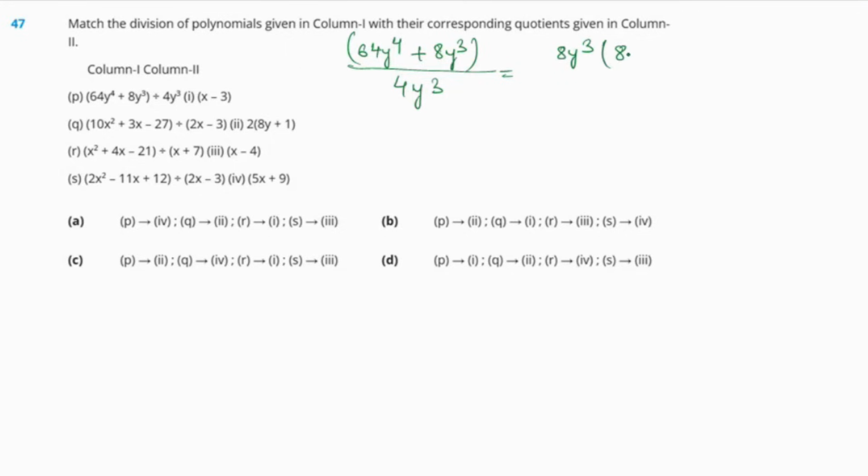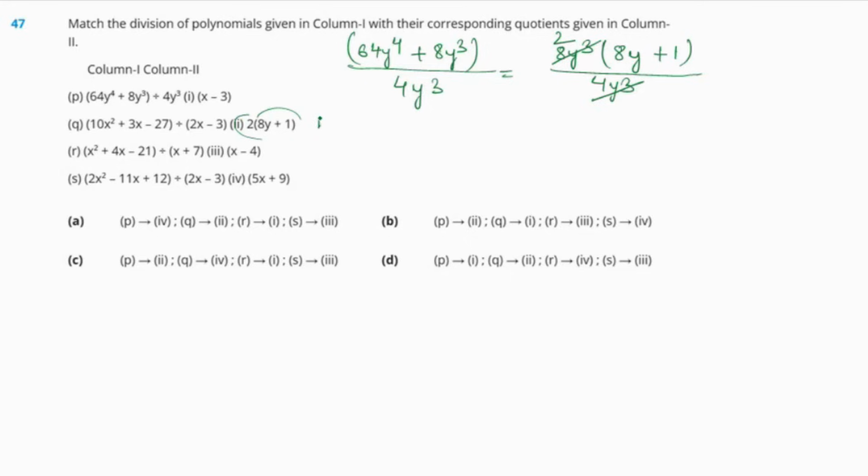After taking it common, we are left with 8y plus 1. Then we need to divide it by 4y cube. By 4y cube, we can cancel it 2 times, so we get 2 times 8y plus 1. So we can clearly see this is the option which matches with this.